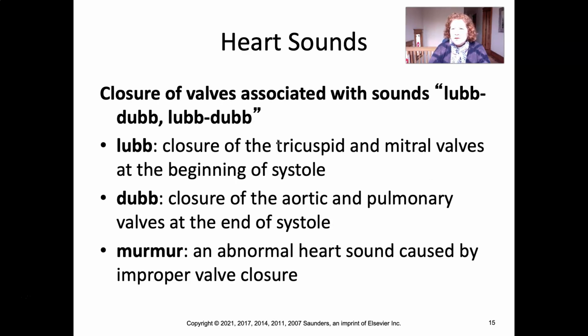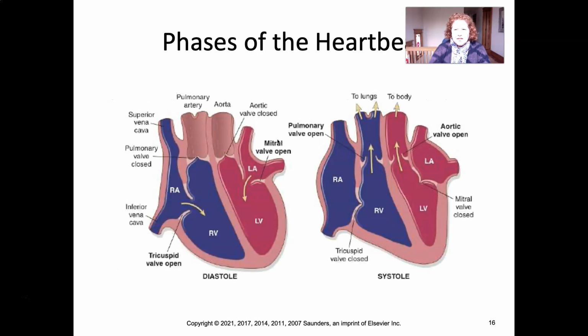So what can you tell from the heartbeat? What about the heart sounds? You have closure of valves, and you have when a murmur is heard, when something's not going the way that it should. Okay? These are phases of the heartbeat, and they show you what's happening.